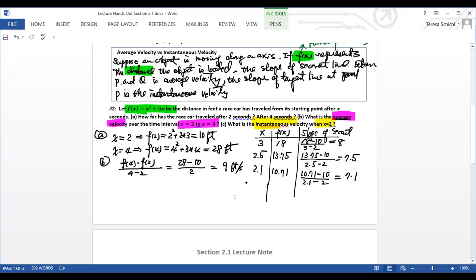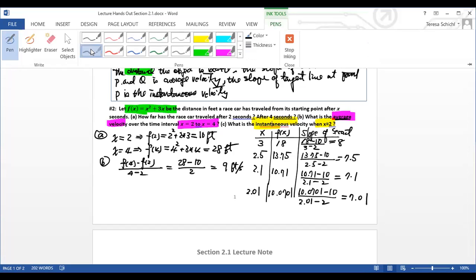Okay, so now I choose another one, 2.01. You plug it into the function and you will get 10.0701. Very close. So now you have 10.0701 minus 10, over 2.01 minus 2. So this is 7.01.